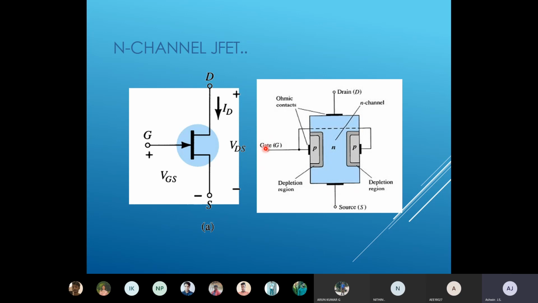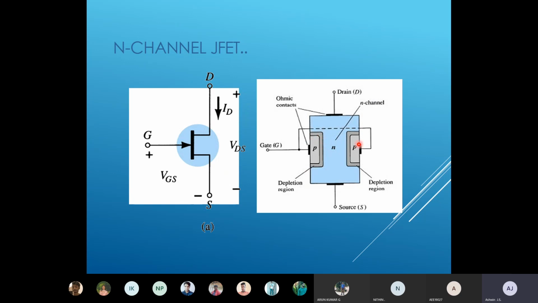Initially the gate is grounded, so at that time a huge current flow will occur. If I increase the drain voltage from 0 to 1, 1 to 2, 2 to 3, slowly, if you observe that characteristic, the current will increase. That area is representing the ohmic region. After that, while giving a more positive voltage to the N, and the P is already 0, it will create a reverse bias junction.